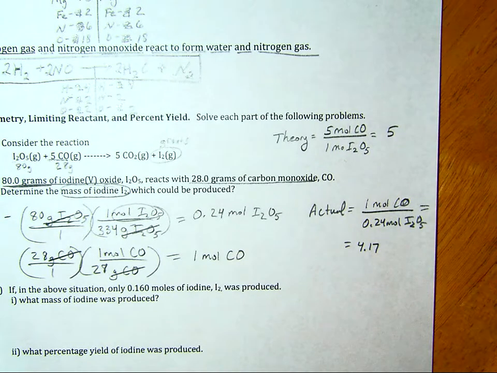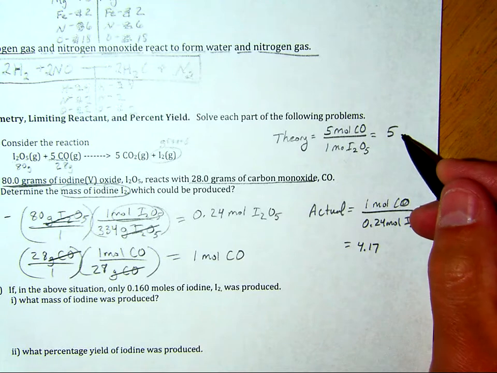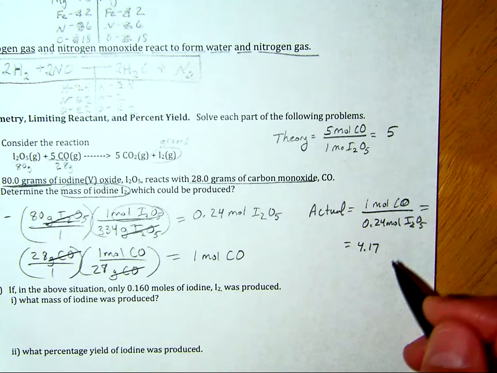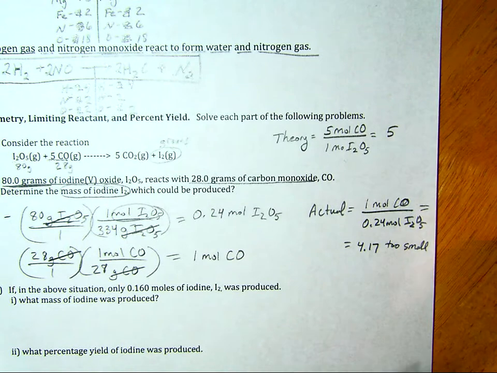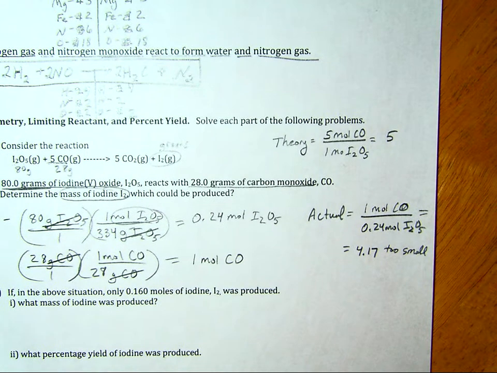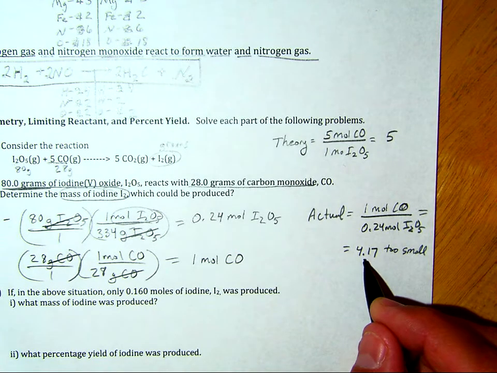So when you get that, we're going to compare it to my theory mole ratio. This number is too small. We want it to be 5, because according to the balanced chemical equation, there should be 5. So now, let's think about this. What's making this number too small?